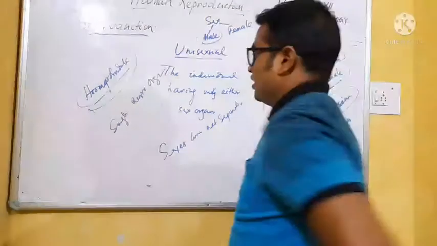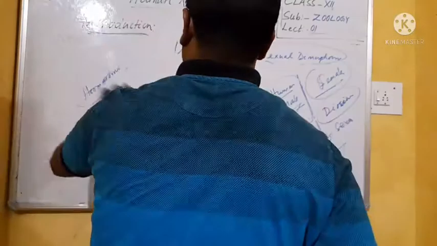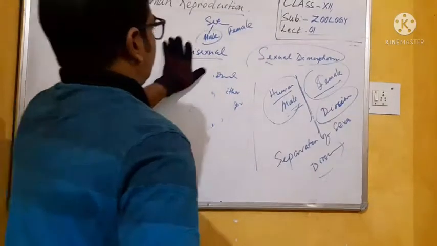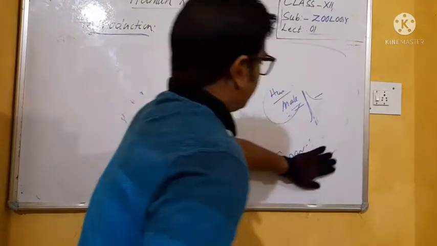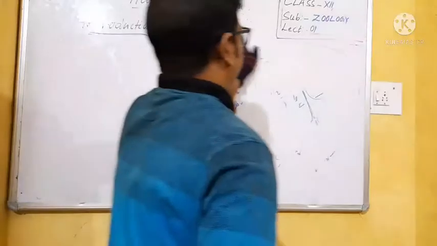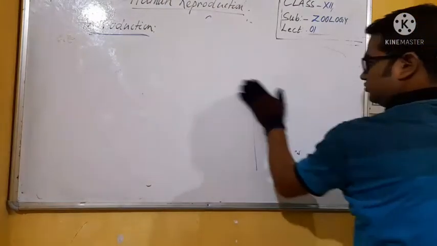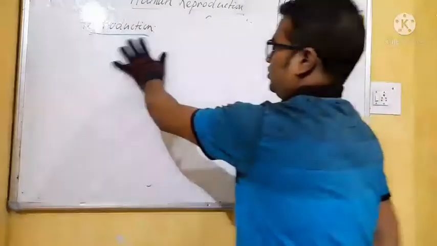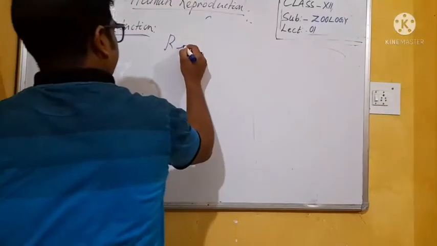Students, now I am going to discuss how sexual reproduction takes place in human beings. Reproductive system.